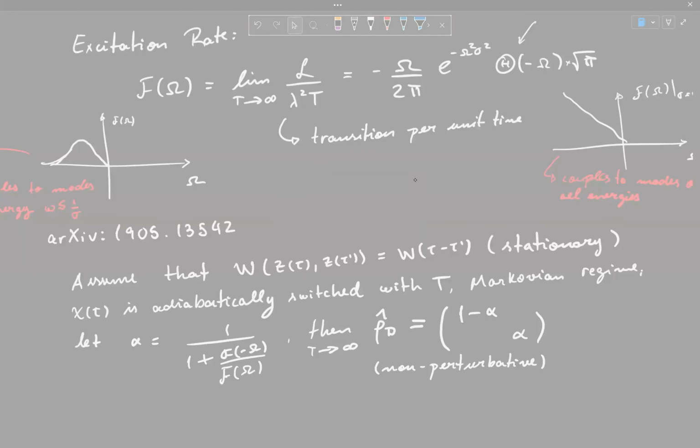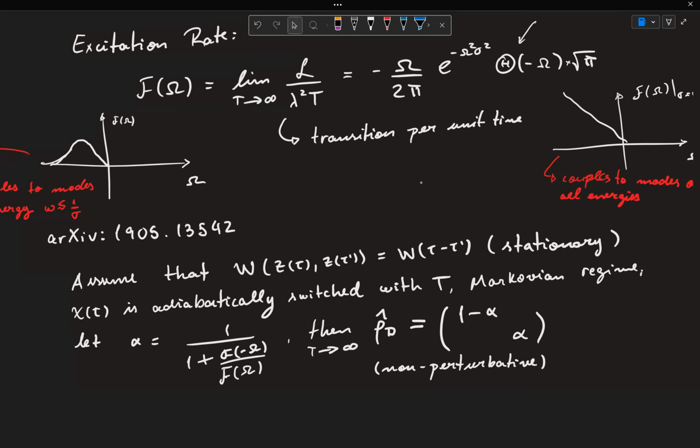Sorry, what does Markovian mean in this context? Markovian means that you are assuming that the time evolution doesn't depend on the previous history of the evolution. You can really spend a lot of time talking about it and justifying it, but basically you're saying that whatever happens to the detector from now on does not depend on the whole history of the interaction, it just depends on which state the detector is in right now.